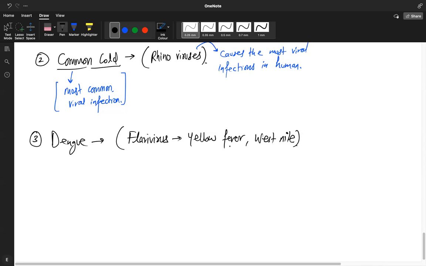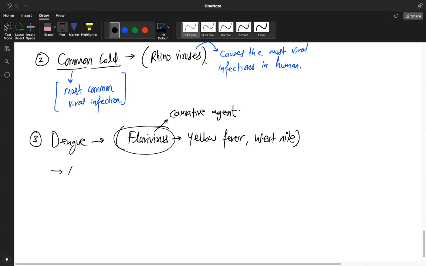And write down, Aedes mosquito is not the causative agent. So flavivirus is the causative agent, just like rhinoviruses are the causative. These are the organisms responsible to cause this disease.